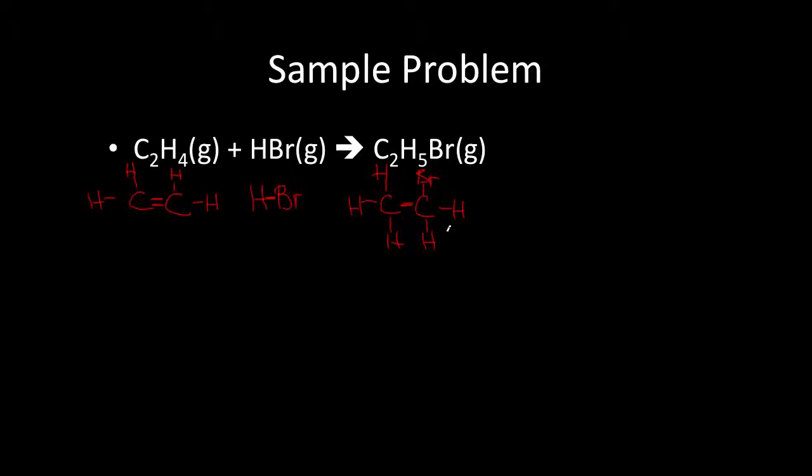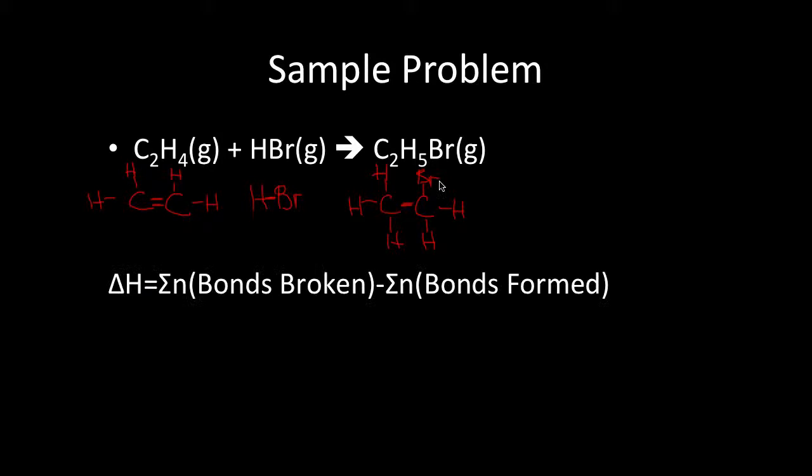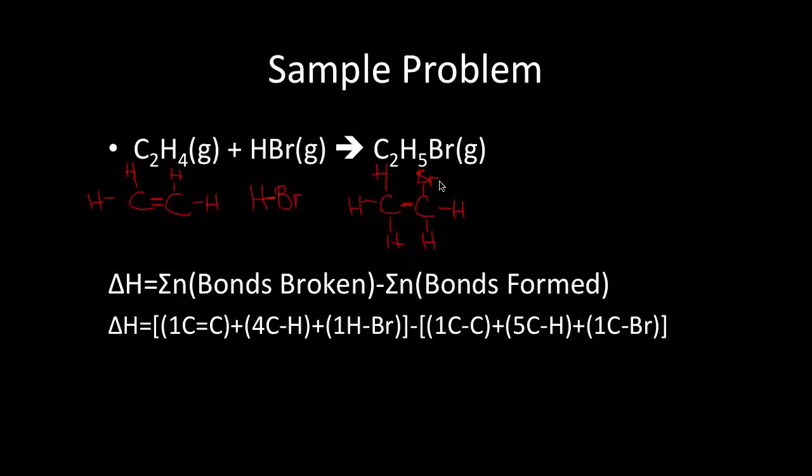So if I look at the bonds here, I have 1 carbon-carbon bond, I have 5 carbon-hydrogen bonds, and 1 carbon-bromine bond. So now I'm going to look up in page 11 and figure out what the enthalpies are of all these particular bonds. I'm going to add all the bonds broken in my reactants, and I'm going to add all the bonds formed in my products, and then I'll end up with an enthalpy.